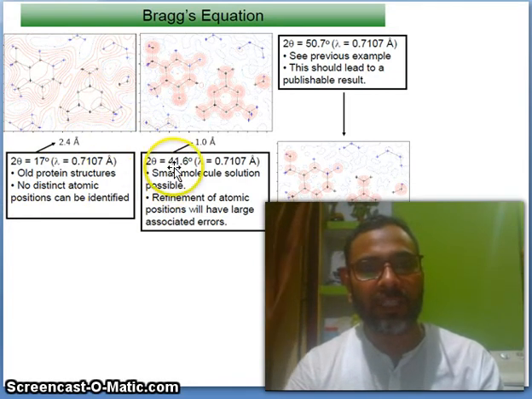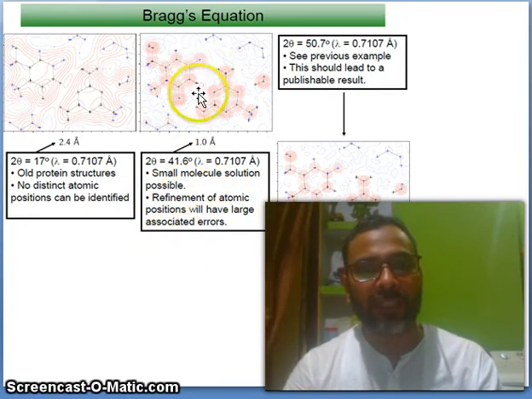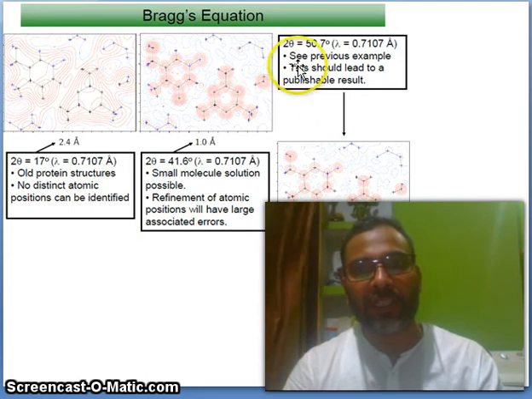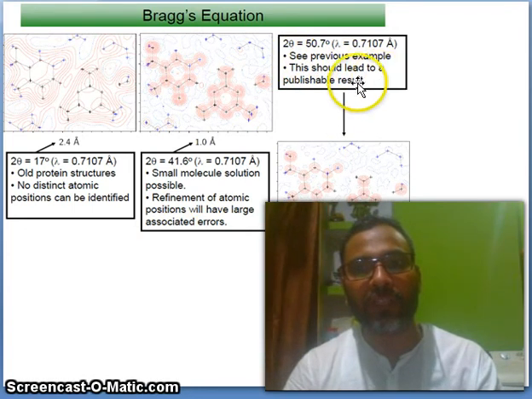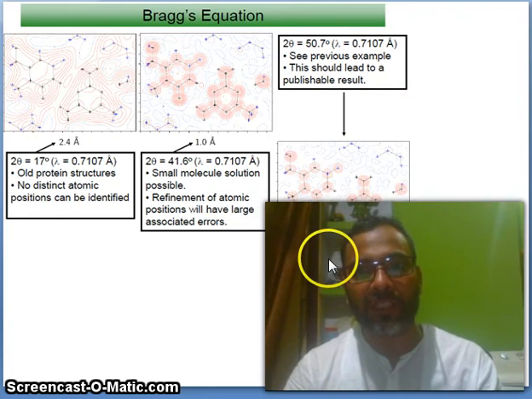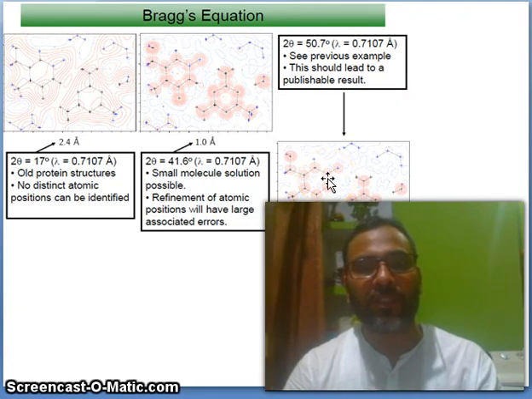Then 2 theta is equal to 41.6 degree, a small molecule solution is possible. Refinement of atomic position will have large associated error. You see here, now 50.7 degree. See the previous example. This should lead to publishable research. 0.83 angstrom.